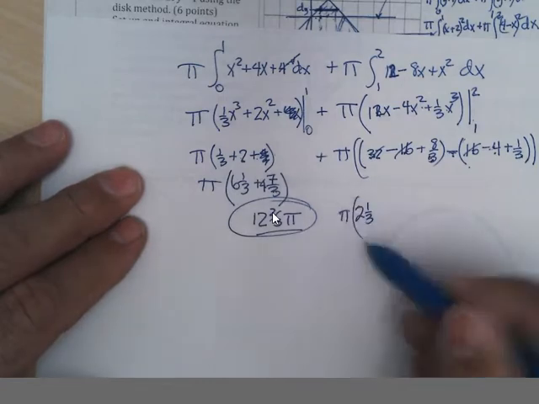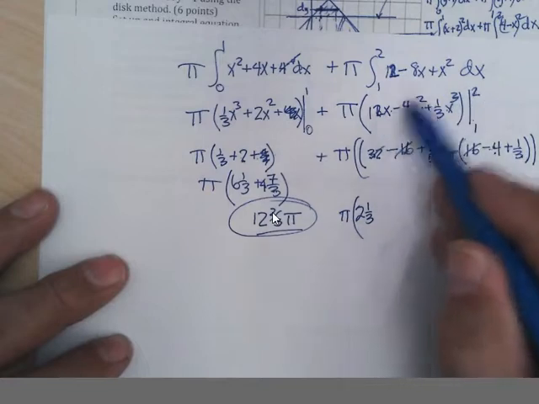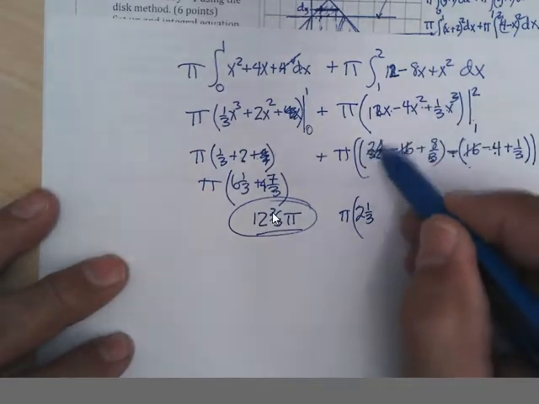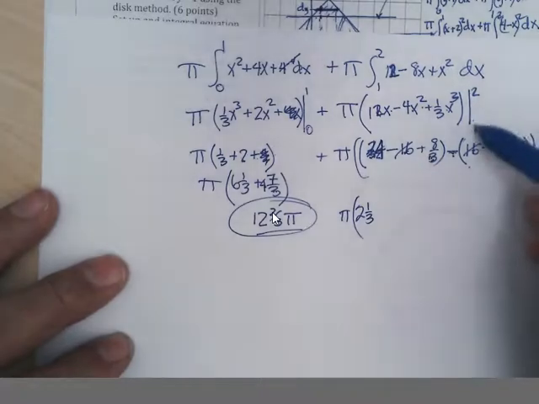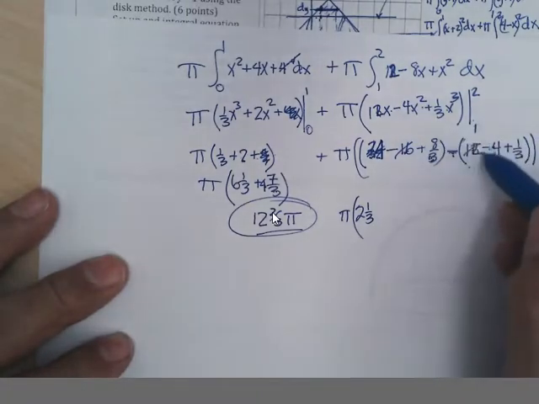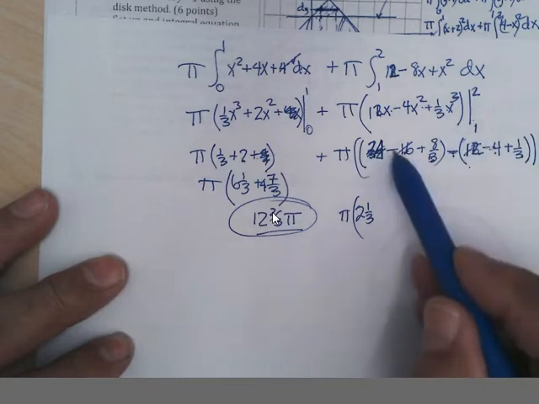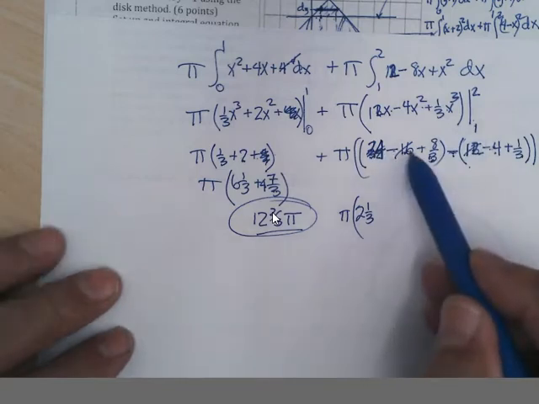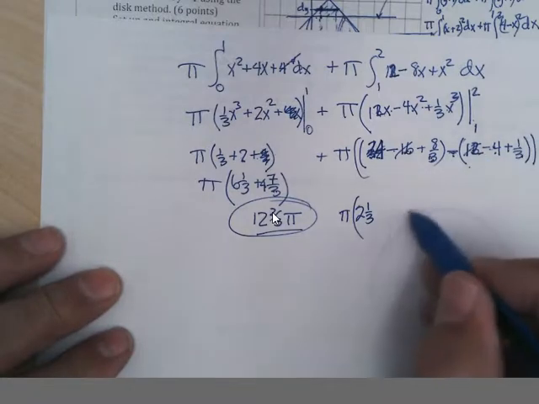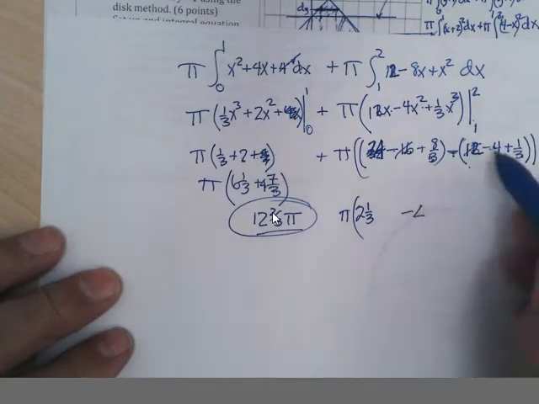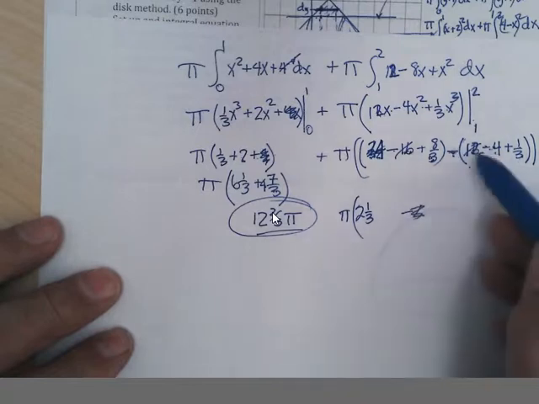times pi. And over here, this should be 2 times 12 is 24. And over here, it should be 12. So I have 24 minus 16, which is 8, minus 12, which is minus 4, and then I have plus 4, which they all cancel out.